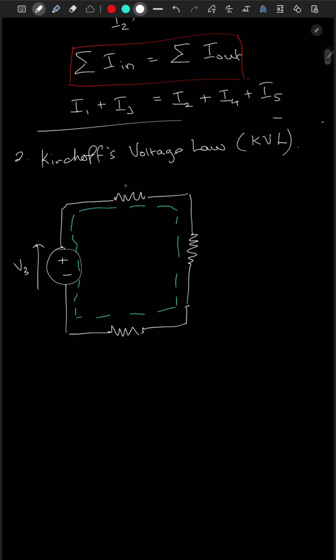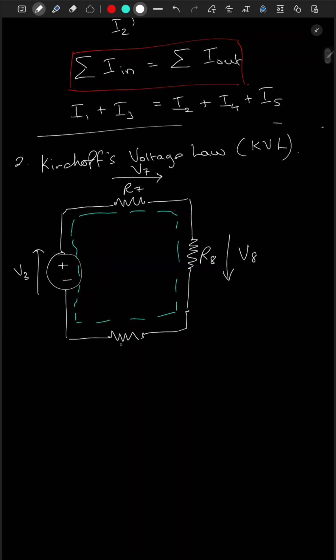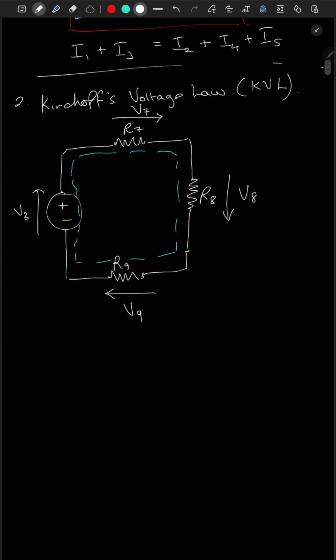This is a resistor, let's call it R7, and here is V7, the voltage across the resistor. Let's call this one R8, and this is V8, and let's call this one R9, and this is V9, the voltage across R9.